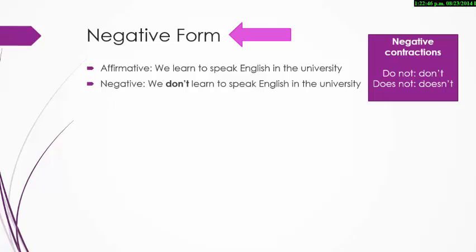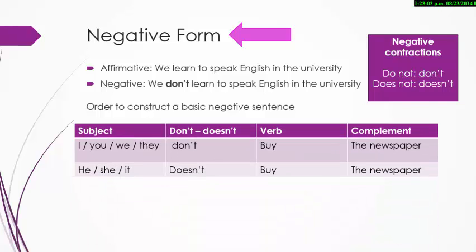To make a negative sentence in English, we normally use don't or doesn't with all verbs except to be and modal verbs. In order to construct a basic negative sentence: first, subject, auxiliary don't or doesn't, verb, and complement.